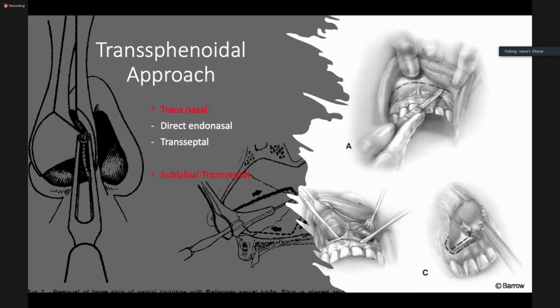Maybe it didn't form, or the CSF leak is so large that it causes pressure and fills the sphenoid, the septum, and the septal space. This happens immediately after the operation.